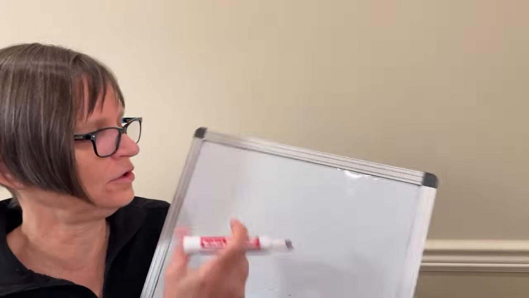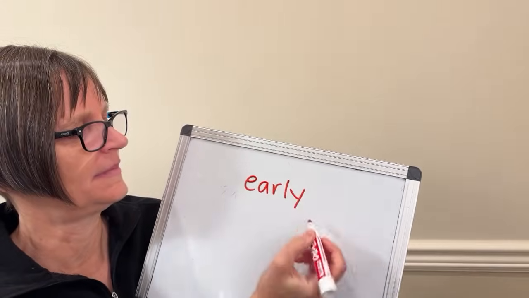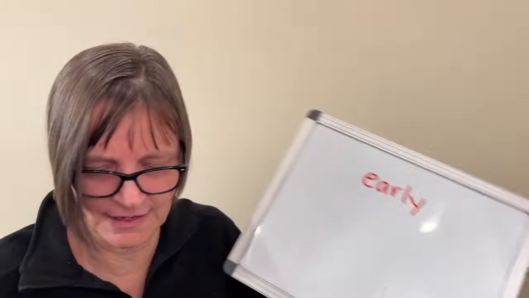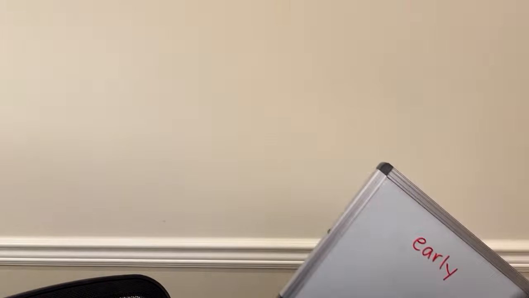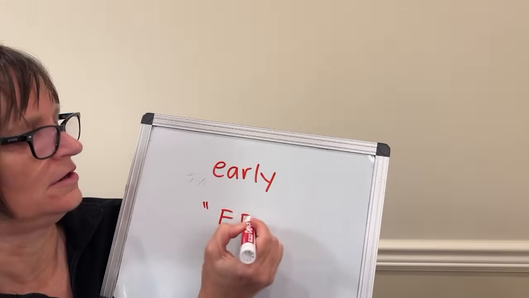Okay, we have a question about how to pronounce earlier. So early and earlier, I do have a video for this on the channel. Even though it's an EA, it's not an ear sound. It's just an sound. So write that like early.